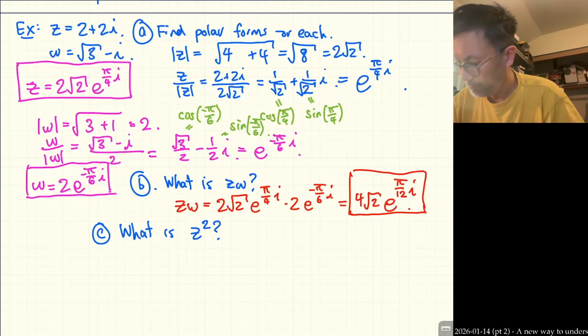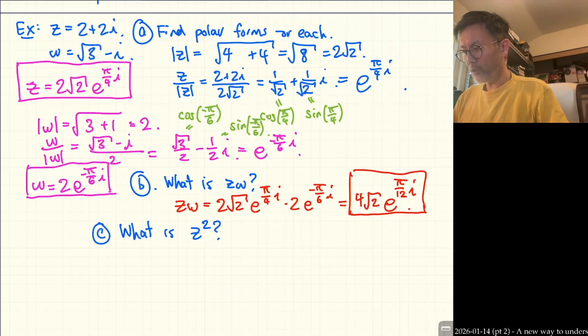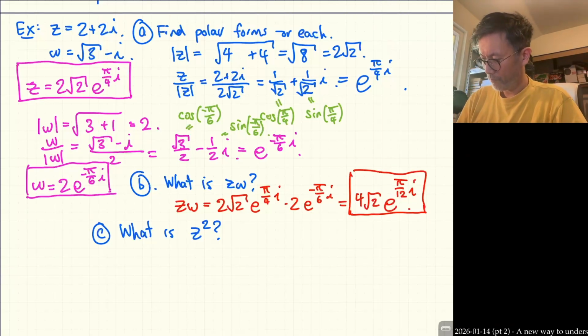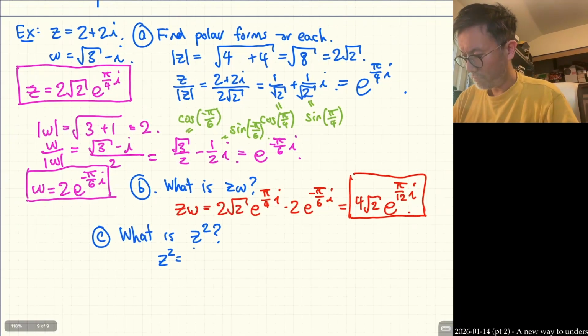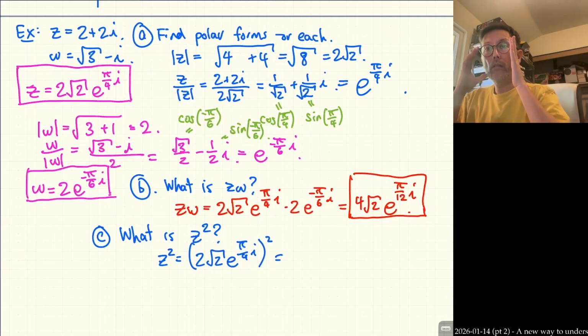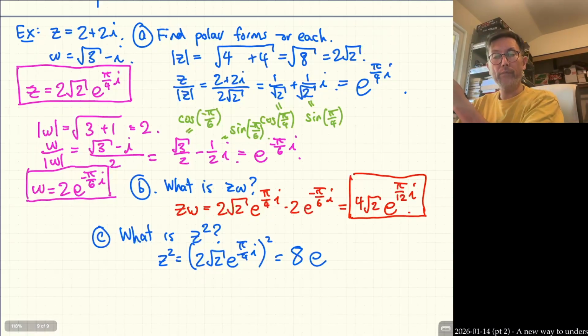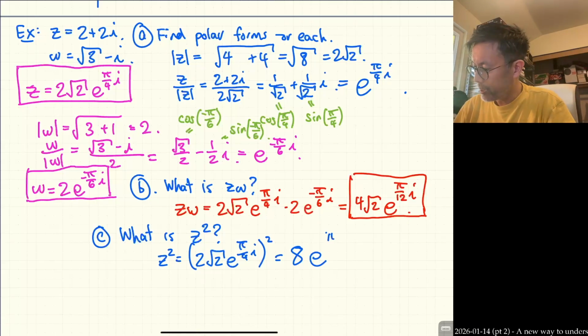We can square numbers, and this is easy. z squared is equal to 2 square root of 2 times e to the pi over 4 i, squared. 2 square root of 2 squared is 4 times 2, which is 8, times e to the pi over 4 i squared, which is the same thing as multiplying pi over 4 i by 2, so that's pi over 2 times i.